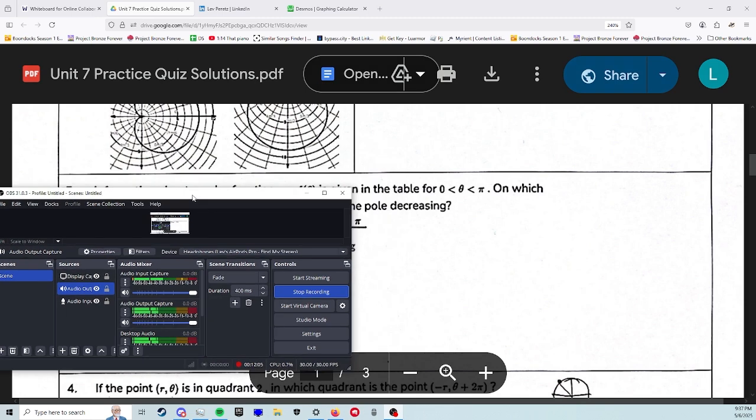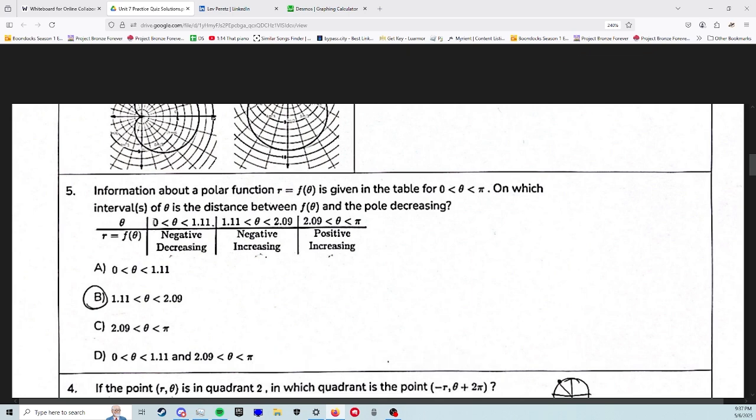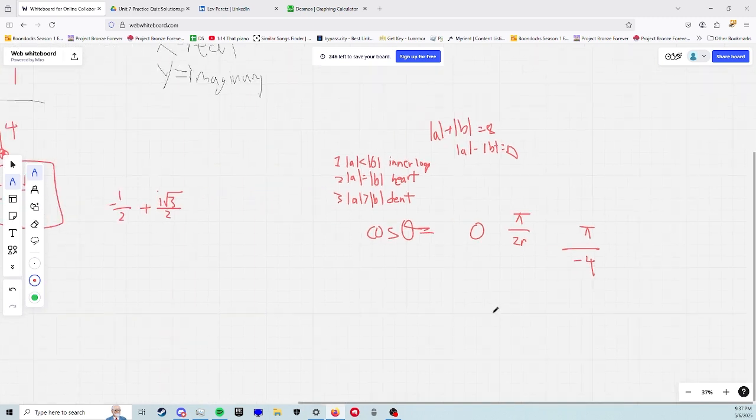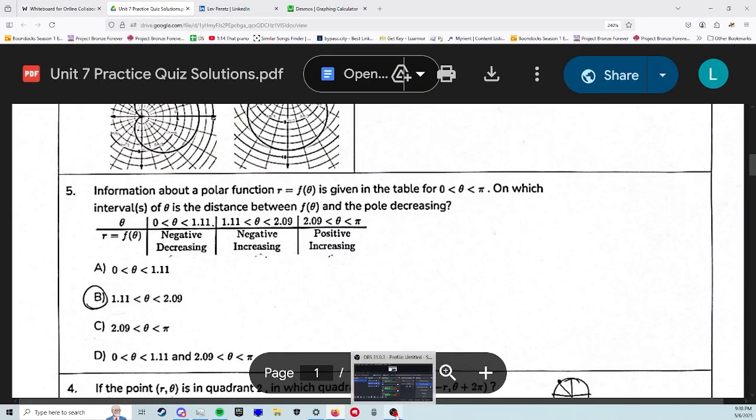Okay. Information about a polar function is given in the table. On which intervals is the difference between f theta and the pole decreasing? So another important thing to note is that pole equals origin, or 0, 0. 0, 0 is the origin.